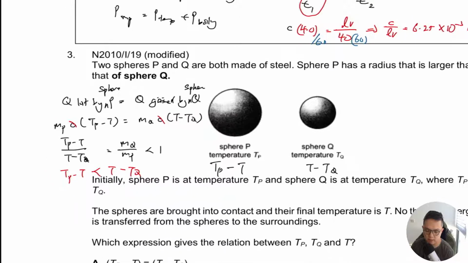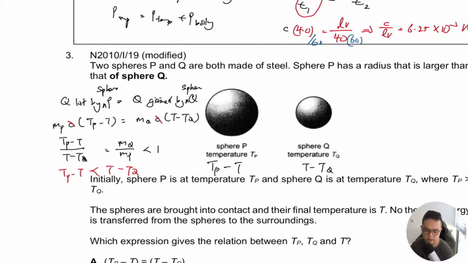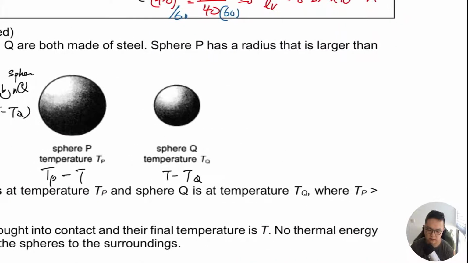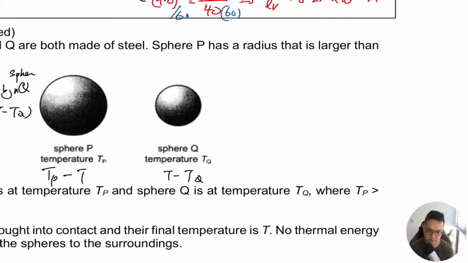If you want to, you can break it down. Let me just do it for your sake. You know that the mass of a sphere is essentially density multiplied by volume. Volume of a sphere is just equal to 4/3 pi r cubed. Then you can make the necessary cancellation.